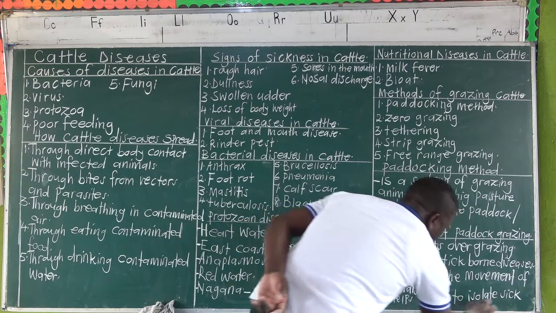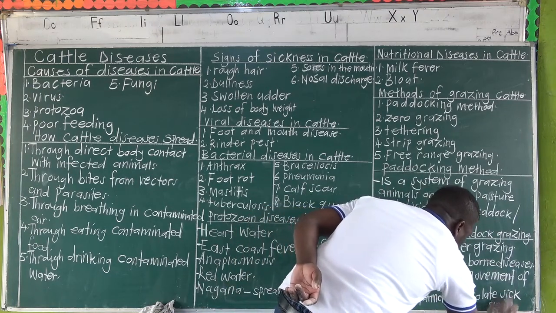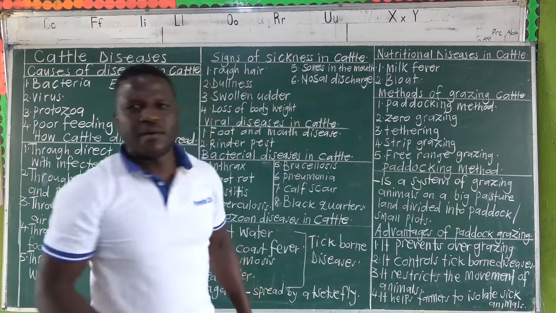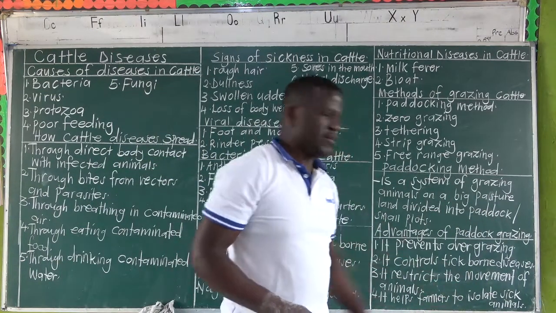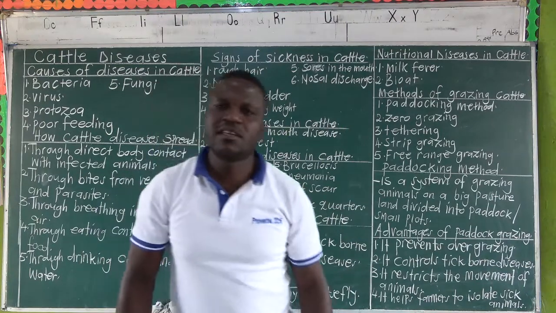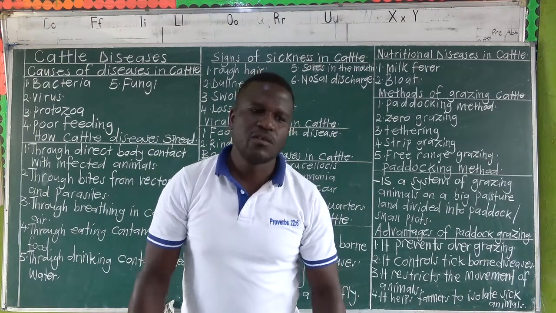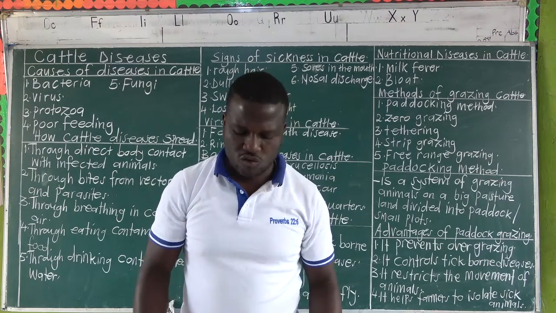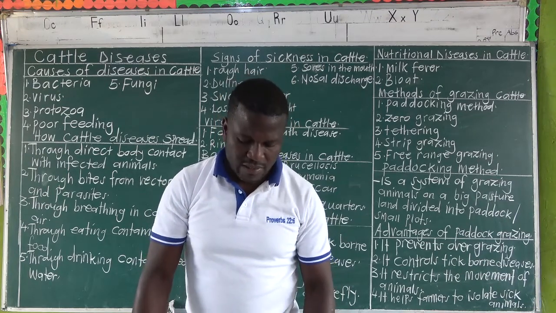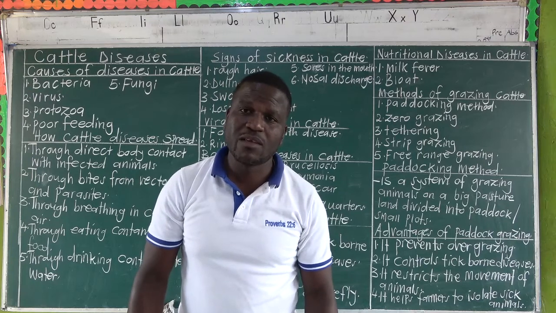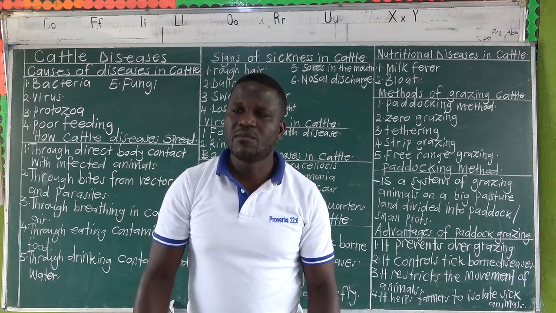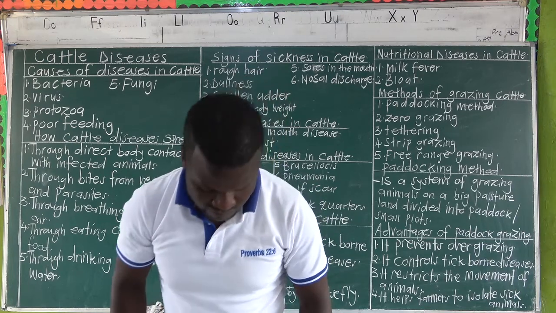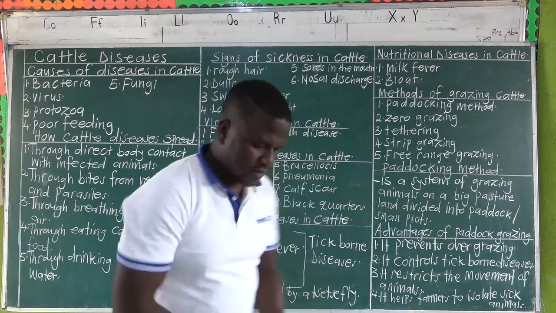So sick animals are isolated in different paddocks, because when you isolate sick animals, it helps to control the spread of diseases. So the paddocking method is a very good method because it helps in isolation of sick animals.